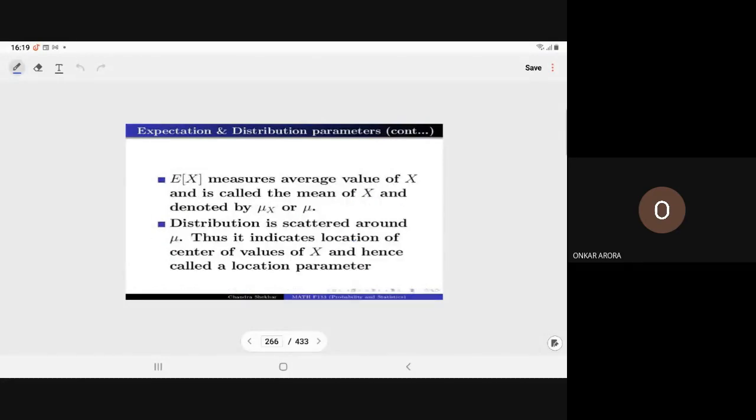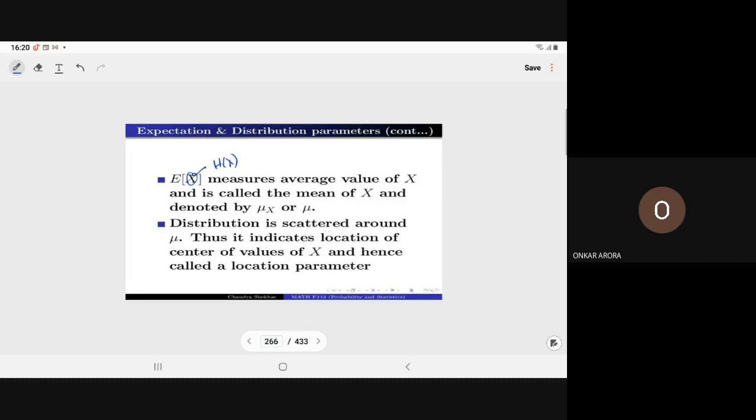E[X] measures the average value of X. Instead of h(x), if you write x, means x itself is the function of x. So E[X] measures the average value of X and is called the mean of X, denoted by mu_X or simply mu. The distribution is scattered around mu.